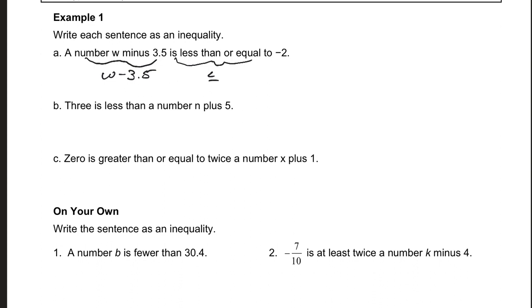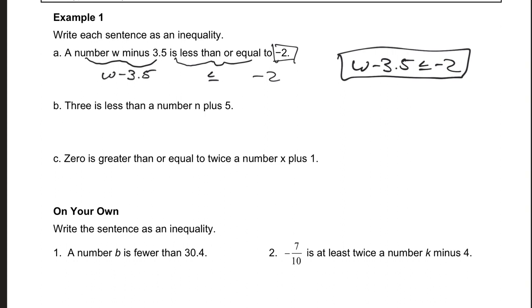There's your less than or equal to symbol, and then we have the number negative 2. If we put it together where it looks nice, it would say w minus 3.5, less than or equal to symbol, negative 2, and that is our inequality.